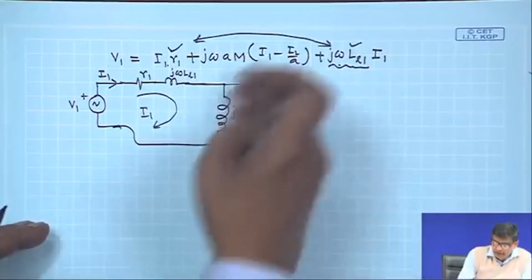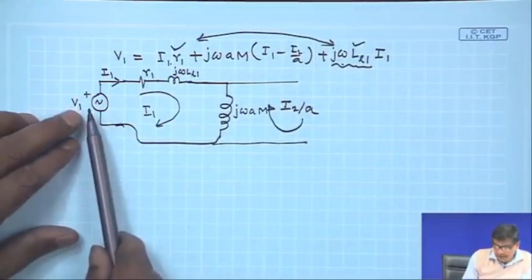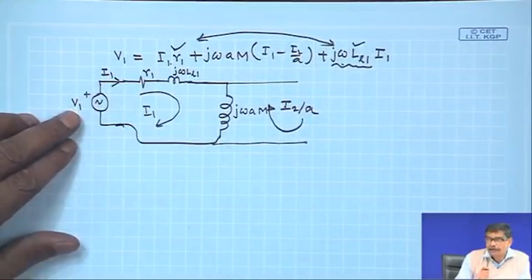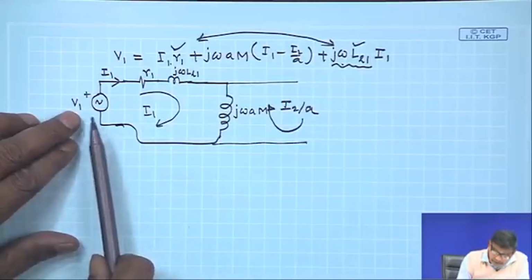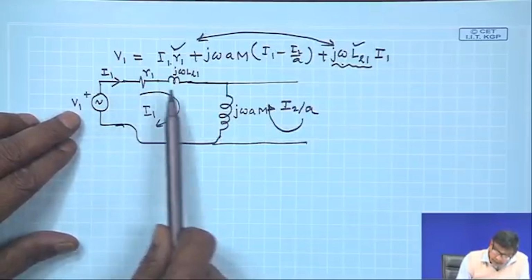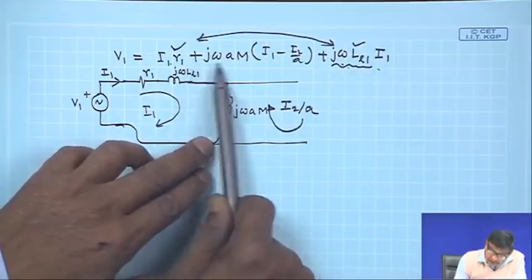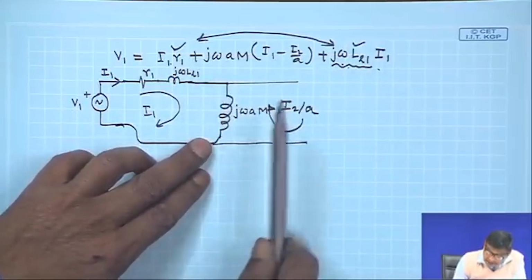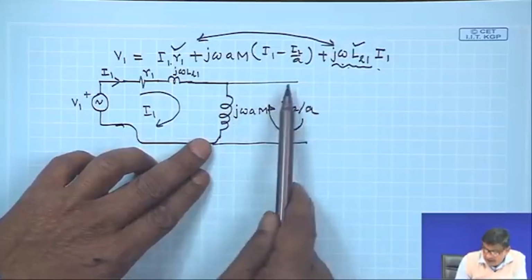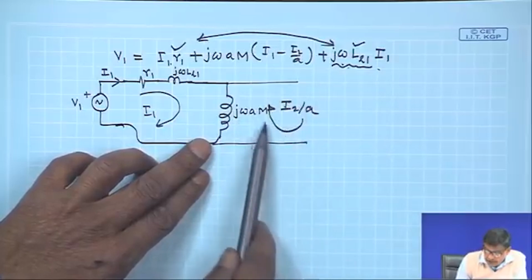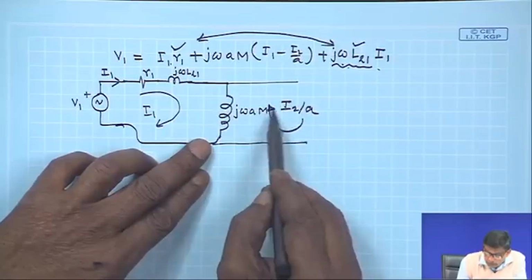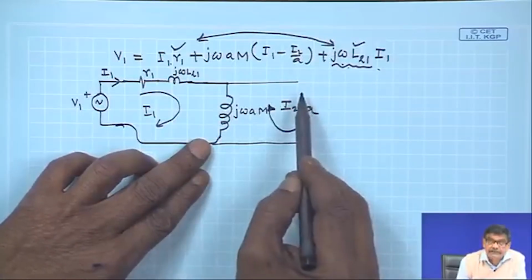Suppose a current source I 2 by A, then of course, everything is fine so far as the primary coil is concerned, because V 1 is equal to I 1 R 1 plus j omega L 1 I 1 plus j omega m I 1. Then, by mesh analysis, I know there is another loop here, which is providing this current I 2 by A flowing in the opposite direction.